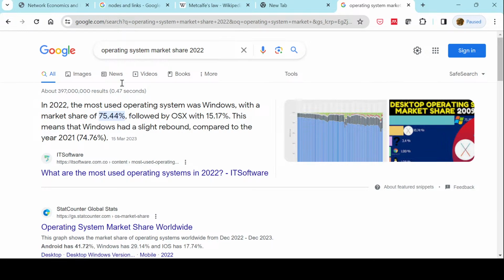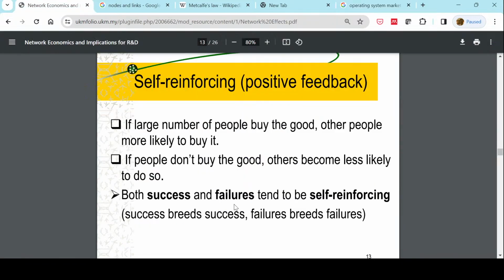So what we're saying is that it is self-reinforcing, positive feedback. Network externality is self-reinforcing. The more people buy Mercedes-Benz, the more people buy Mercedes-Benz, bigger and bigger, with positive feedback. And the fewer people buy BMW.